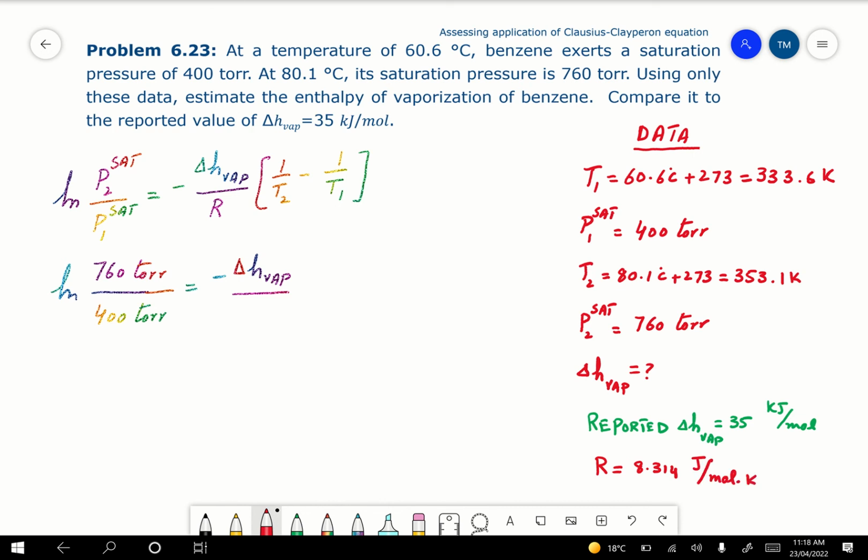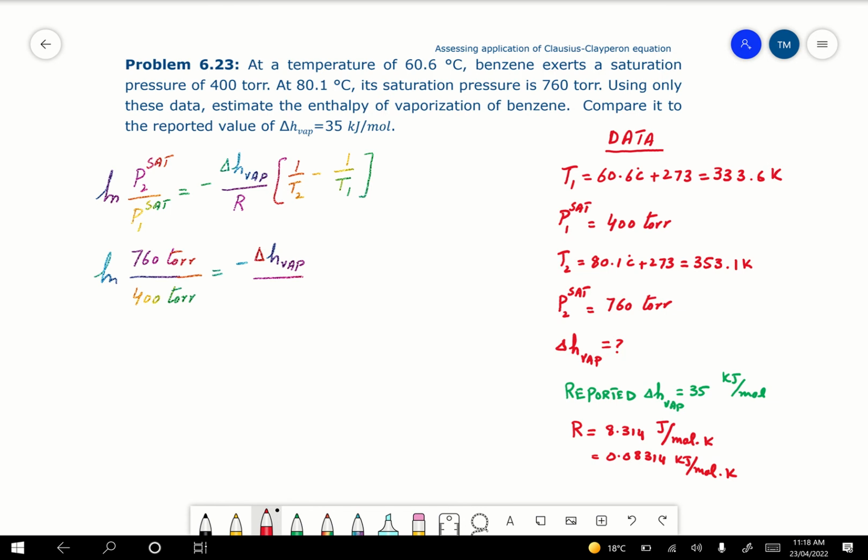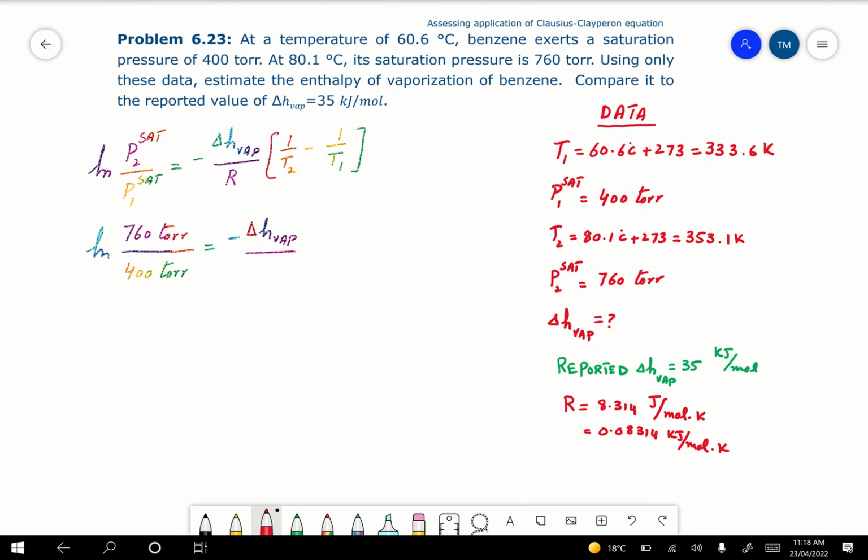Remember, the answer in this case will be joule per mole, and then we will convert this into kilojoule. And if you want to directly convert this equation's answer to kilojoule, then you can use R equal to 0.08314 kilojoule over mole Kelvin, right? So now we can put this value directly if you want.